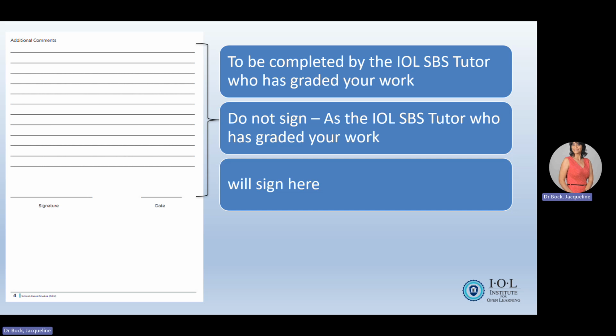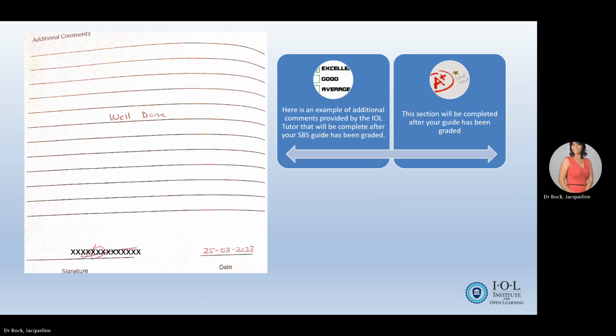Do not sign, please, because the SPS tutor will grade your work, and the SPS tutor will sign here and also write some comments. So there is a complete example. You see the signature, the date. So please do not complete these sections, or ask your support teacher not to complete them.